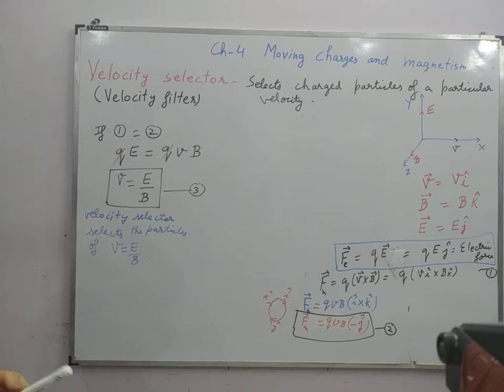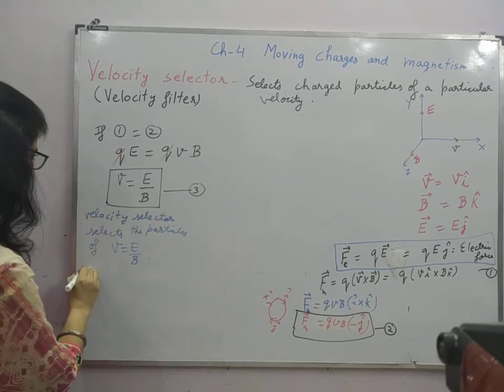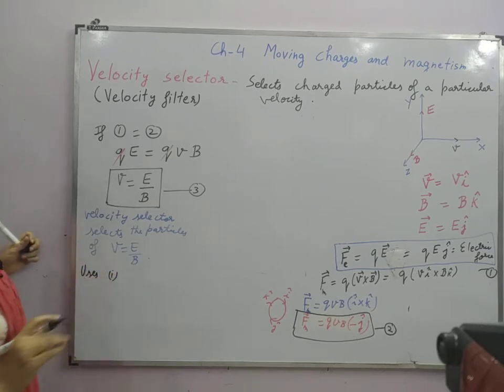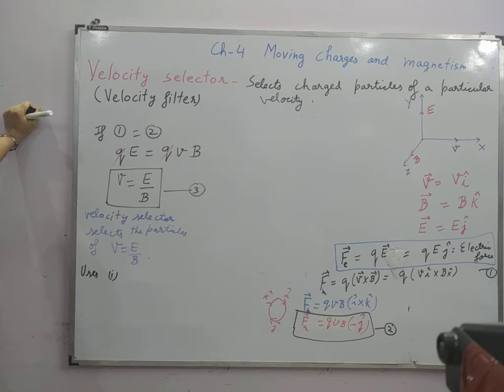So where this velocity selector is used, you can just mention the uses in short, right? Wherever we need to select particles of particular velocity.